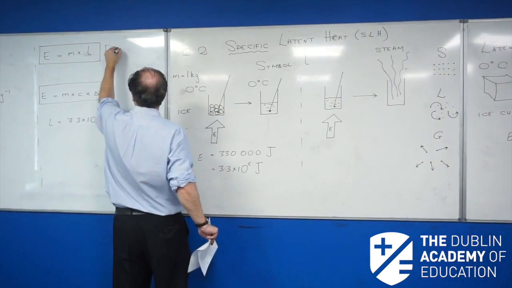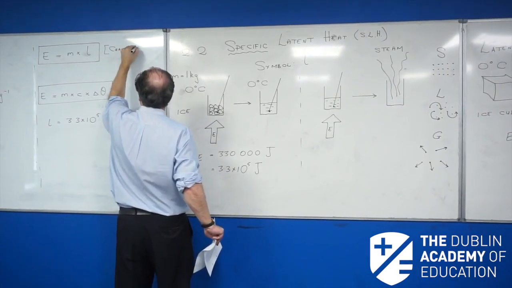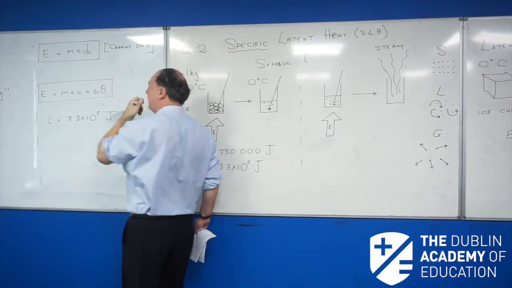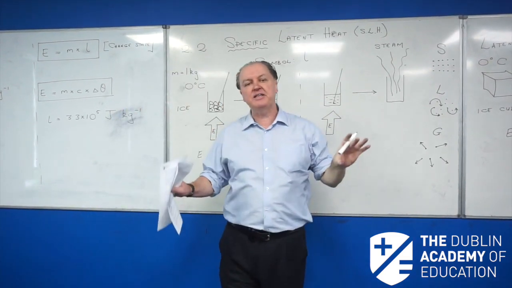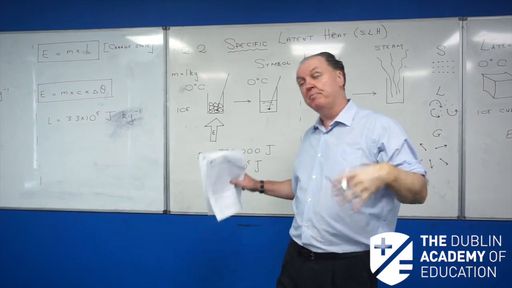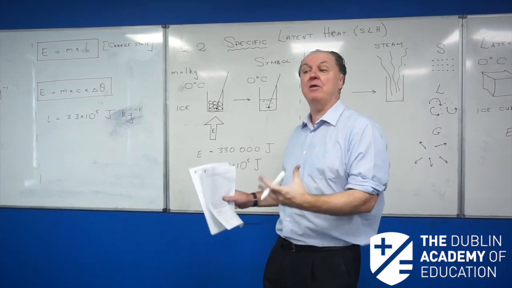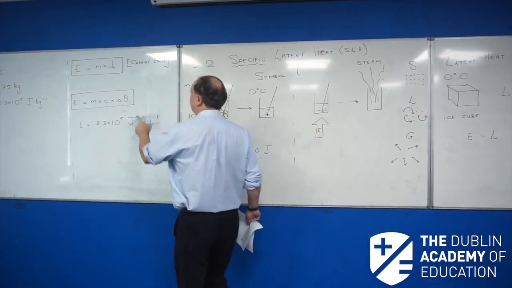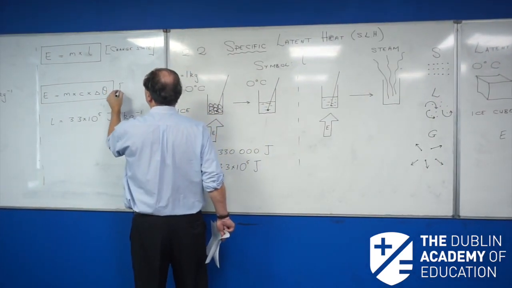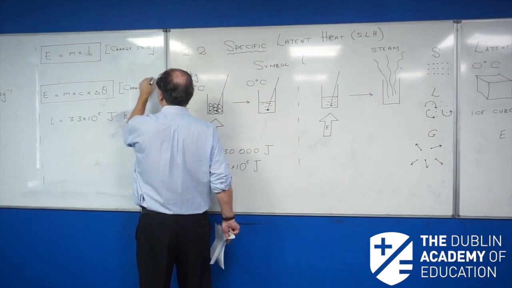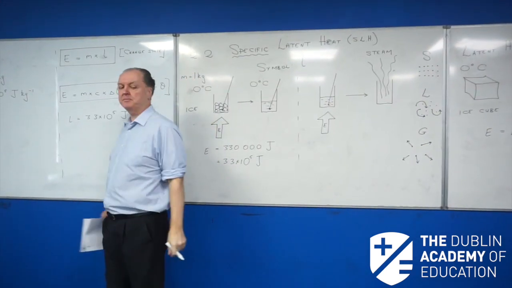That's for a change in the state. Anytime I stay in the same state, but the temperature changes, like water gets hotter or a calorimeter gets colder, then I use this formula. So anytime there's a change in the temperature, theta, I use that formula.